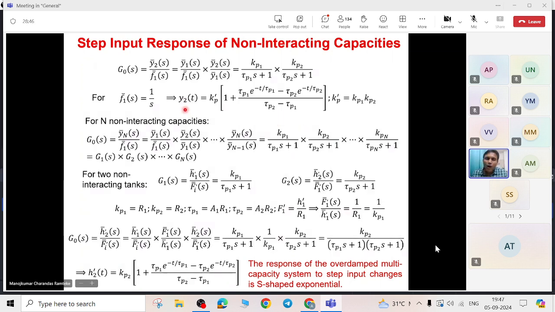Okay. Now we can solve this particular problem easily in this case, primarily because the transfer function had only two capacities, isn't it? So we had only the denominator with order 2, isn't it? But let's say if you have n capacities in series, in that case this denominator will be an nth order polynomial. In such cases, obtaining the solution is not easy.